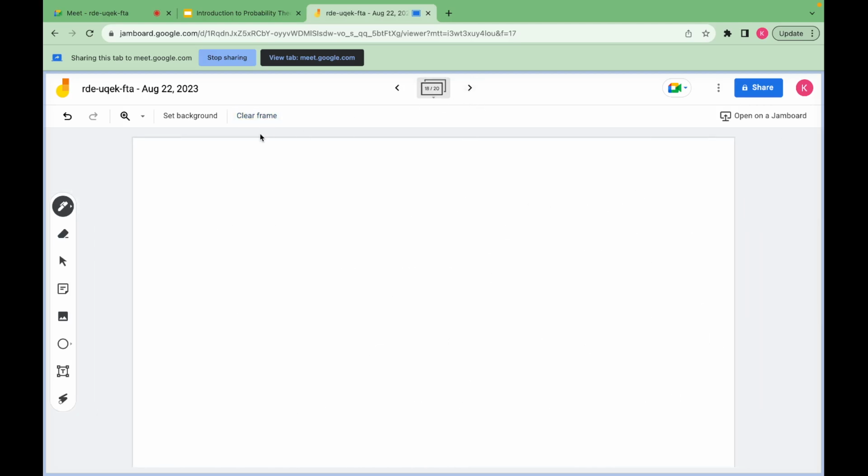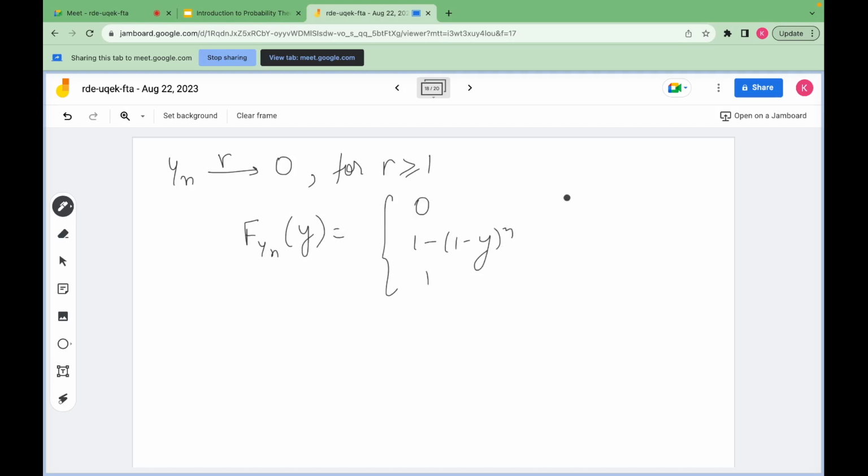Now we will show it for the rth moment. So we want to show that the rth moment converges to 0 for all r greater than or equal to 1. So the CDF of yn was 0 for y less than 0, 1 minus (1 minus y) to the power n for y between 0 and 1, and 1 for y greater than 1. So we differentiate it one time.